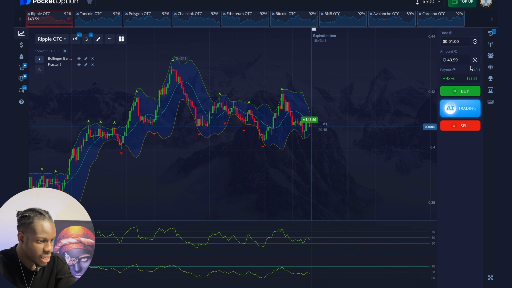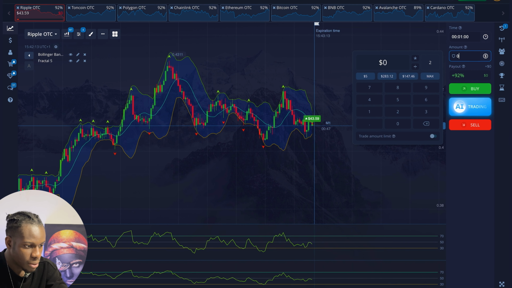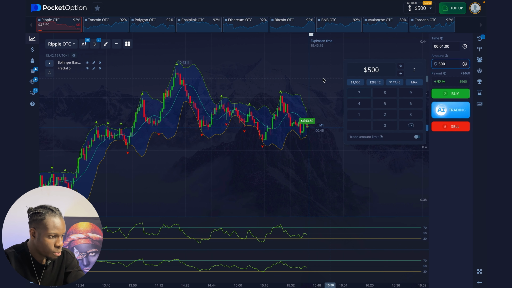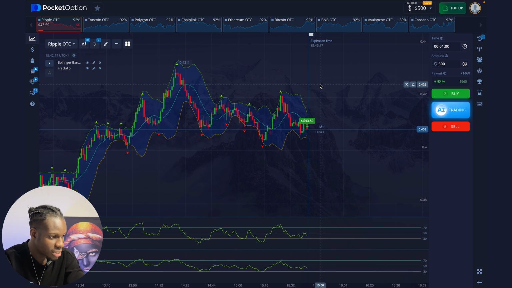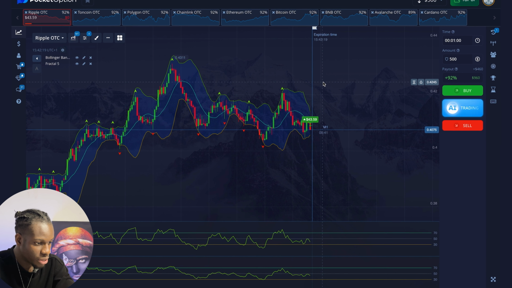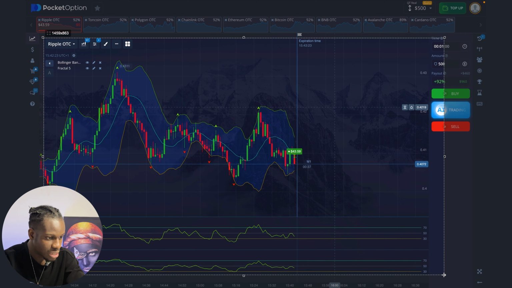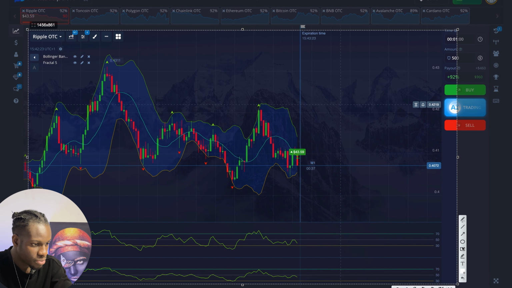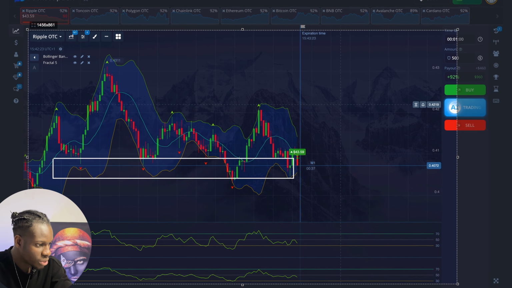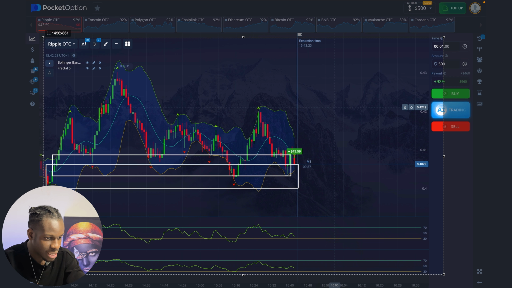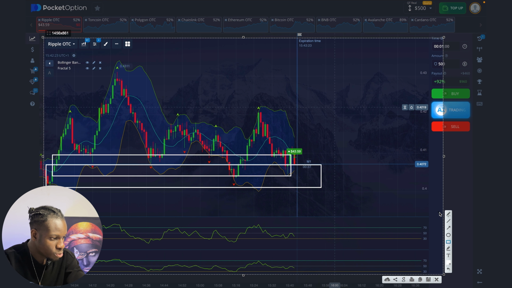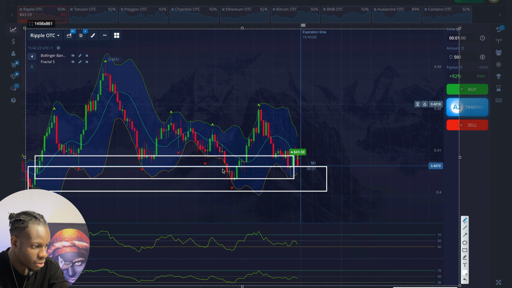Okay, guys, so here I'm opening a long trade, and I might open a second position actually, because this is a very, very good entry point. For this one, I'm mainly focusing on the Bollinger Bands for this entry. We can see over here, over the past data, that there's multiple bounces of this level.